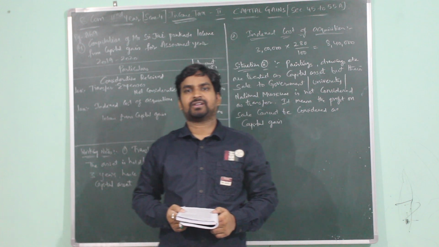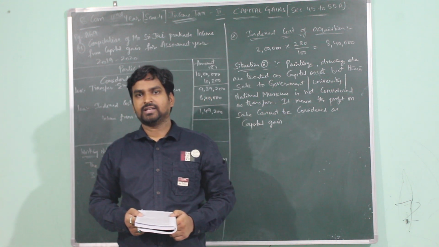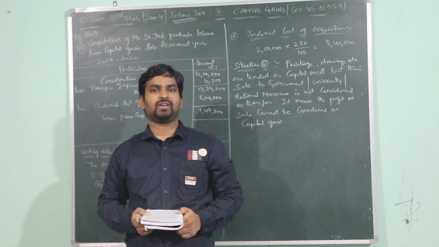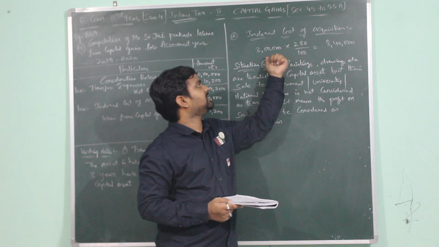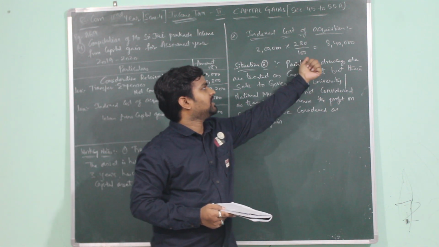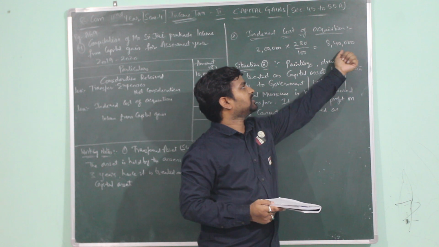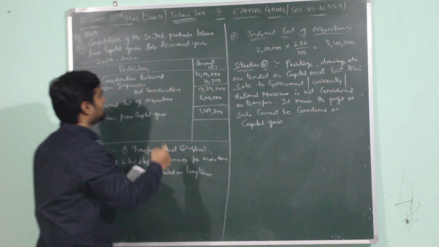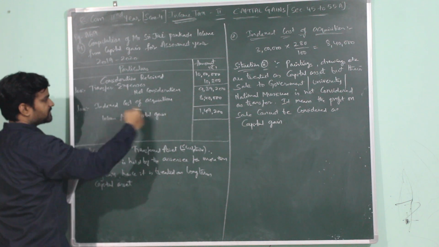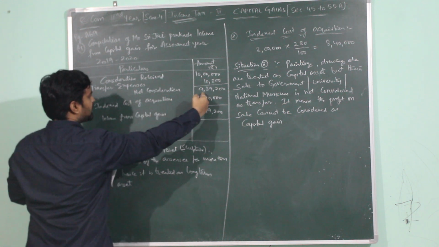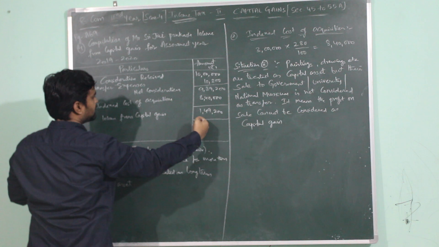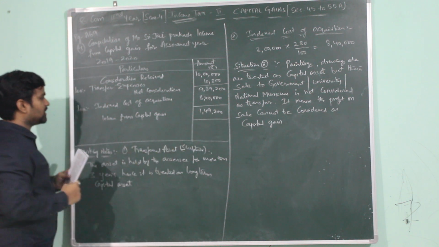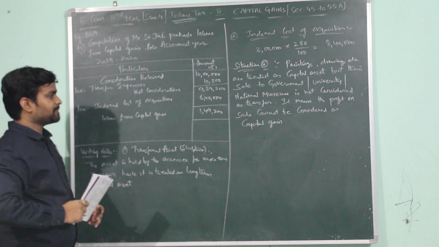As the asset has been purchased before 1st April 2001, the index of such year will be taken as 100. The calculation is 3 lakhs into 280 divided by 100, which works out to be 8 lakhs 40,000. This is taken as indexed cost of acquisition. Subtracting 8 lakhs 40,000 indexed cost of acquisition from net consideration 9 lakhs 89,200, the answer is 1 lakh 49,200, which is income from capital gain.